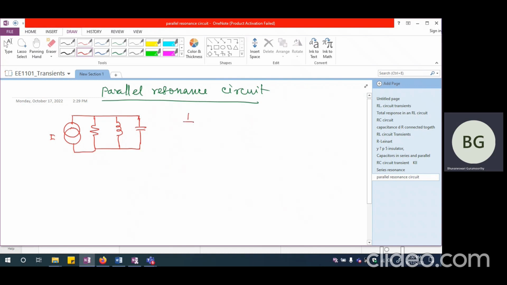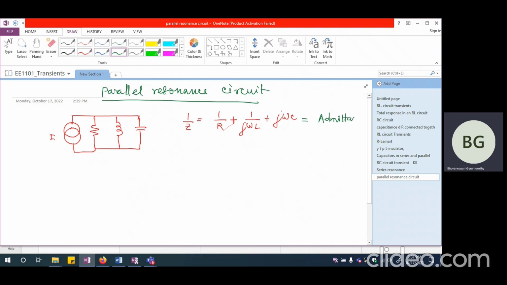Rather than that, we may write 1 by Z equal to 1 by R plus 1 by J omega L plus J omega C. So this is going to be the reciprocal of impedance for this parallel circuit, which we call admittance.